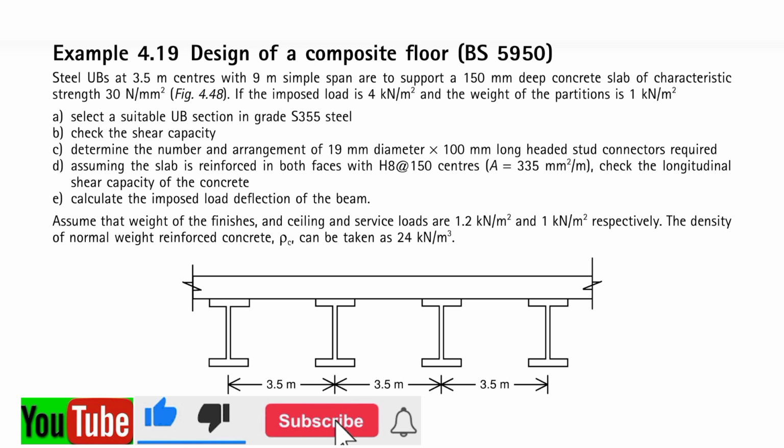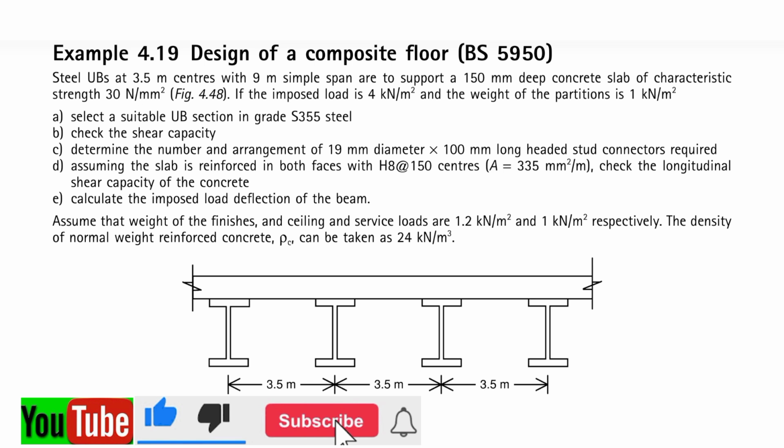If the imposed load is 4 kilonewtons per square meter and the weight of the partitions is 1 kilonewton per square meter, part A of the question, select a suitable UB section in grade S355 steel.